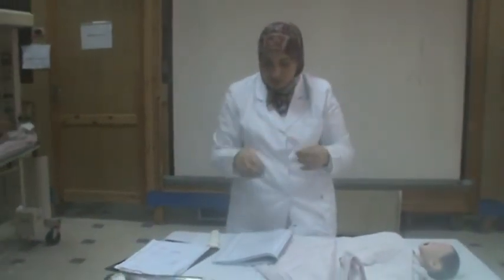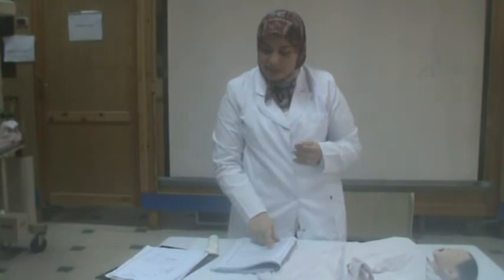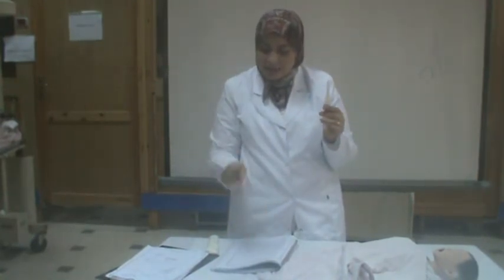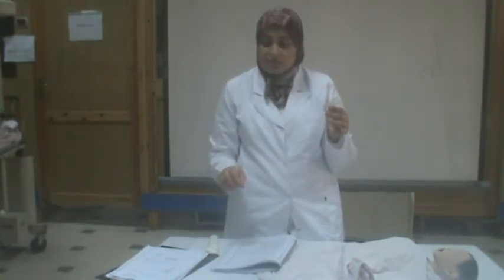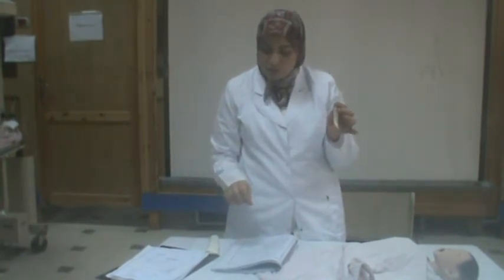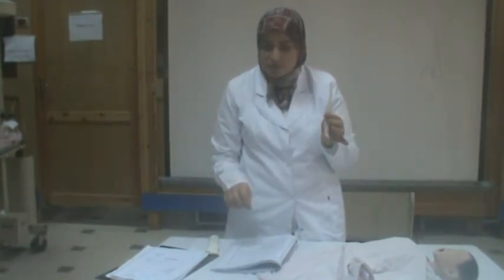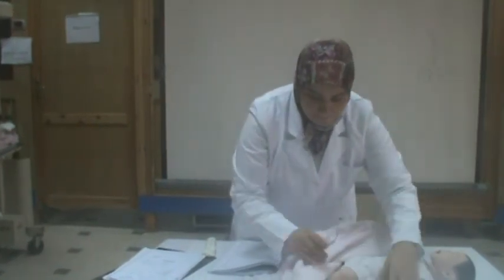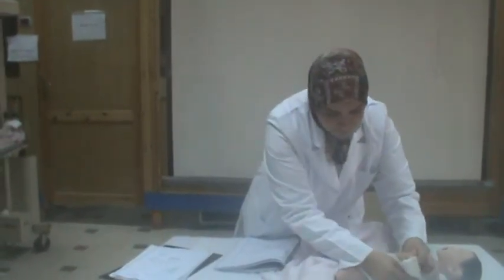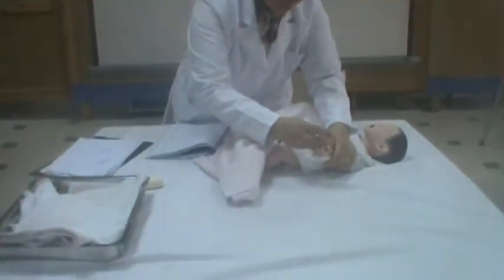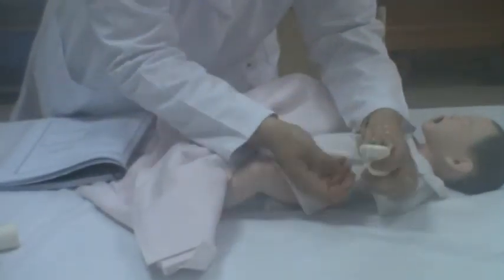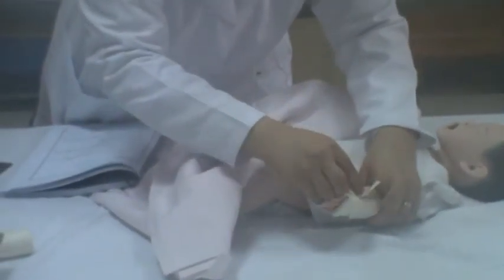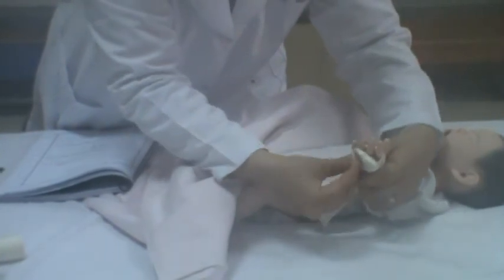Okay, and then place 2 adhesive strips across the hand in an X fashion. Use 5 cm adhesive strips for the child and 2 cm for the infant. In an X fashion.